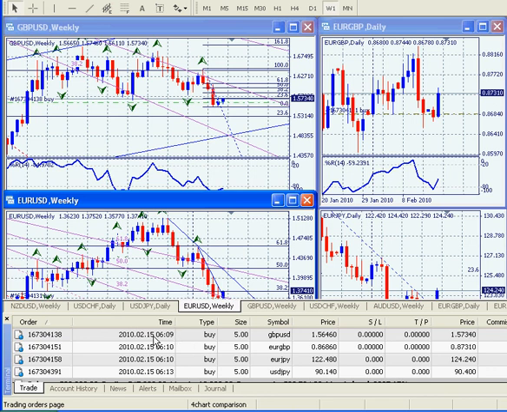And looking at it now, we've taken a buy position on February 15 on the sterling pound, the euro pound, the euro yen, and the dollar yen at these price levels: 1.5646, 0.8686, 122.48, and 90.14 for the yen.